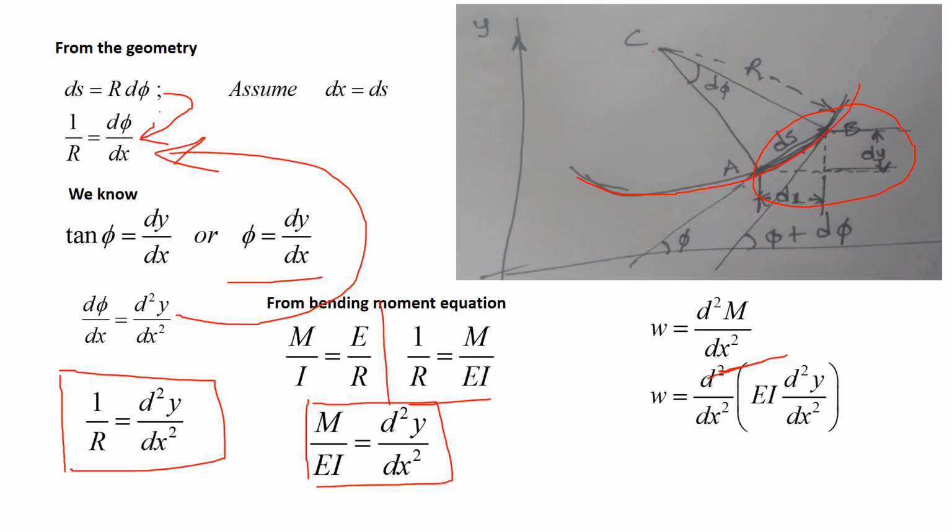So we substitute in this equation: w is equal to d square by dx square of EI into d square y by dx square. So finally we can say that EI d to the power of 4 y by dx to the power of 4 is equal to 0. This is the equation of motion.